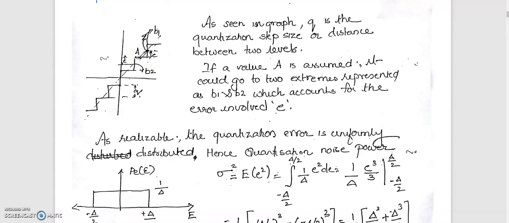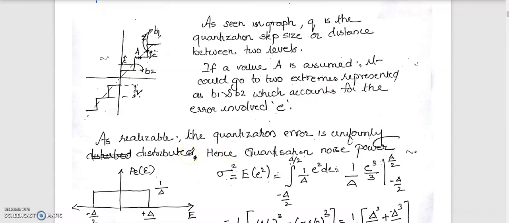Whatever error is involved will be accounted for by this factor Q, which is the step size. As mentioned here, if you assume a value for a, it could go to two extremes, represented by the levels b1 and b2, which account for the error involved, which is e.